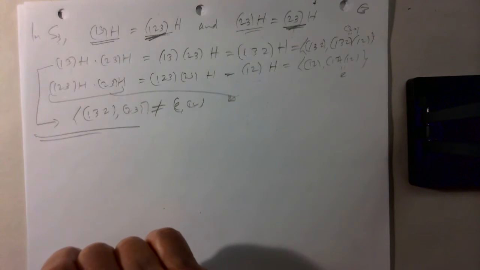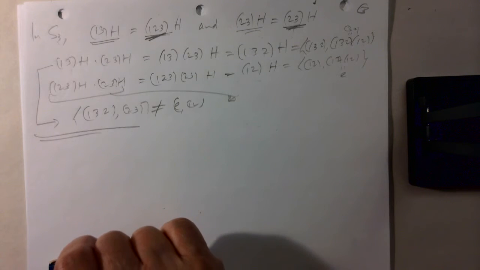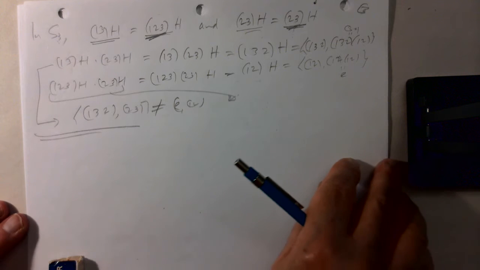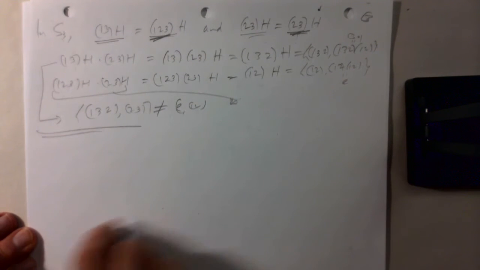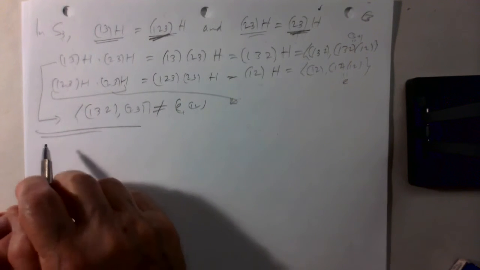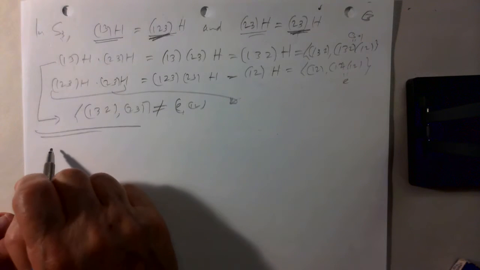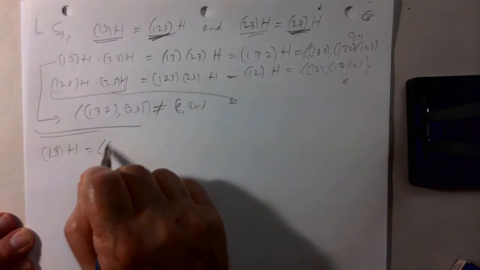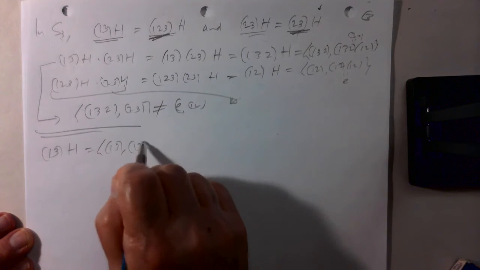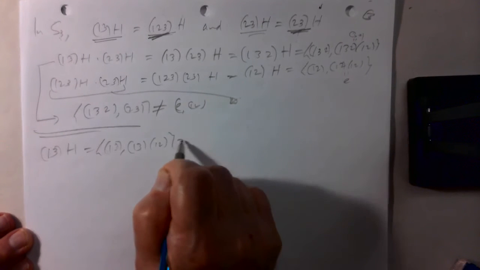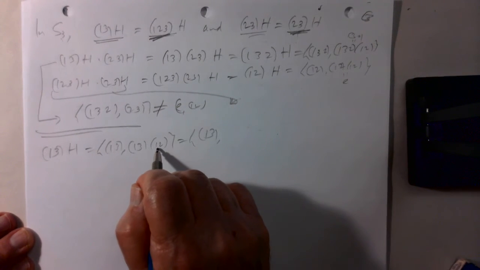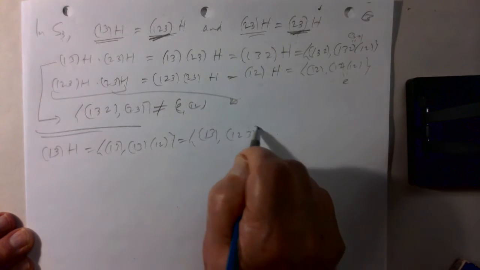Let me make an observation about this subgroup, not necessarily why it's not well defined, but just something about the subgroup H. Suppose I take, for example, the left coset (1 3) times H. That consists of (1 3) and (1 3)(1 2), which is the cycle (1 2 3).